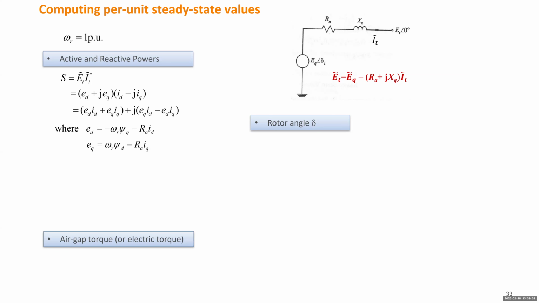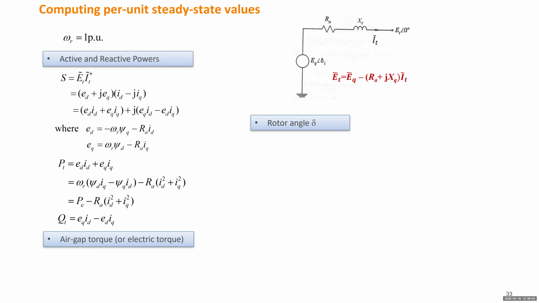From previous slides, we know ED is proportional to the flux linkage in the Q axis and also the voltage drop on the resistance. Similarly, EQ also depends on the flux linkage from D and the voltage drop on the resistance. Immediately we know the power, we call it PT. T stands for terminal of the generator. So it will be the real part of the complex power.